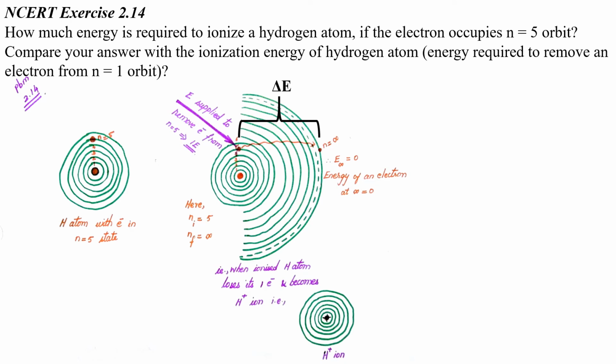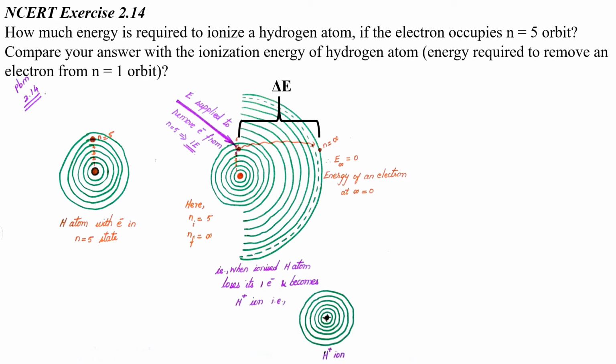Look at NCERT exercise question 2.14. How much energy is required to ionize a hydrogen atom if the electron occupies the fifth orbit? Compare your answer with the ionization energy of the hydrogen atom, or in other words, the energy required to remove an electron from the first orbit.